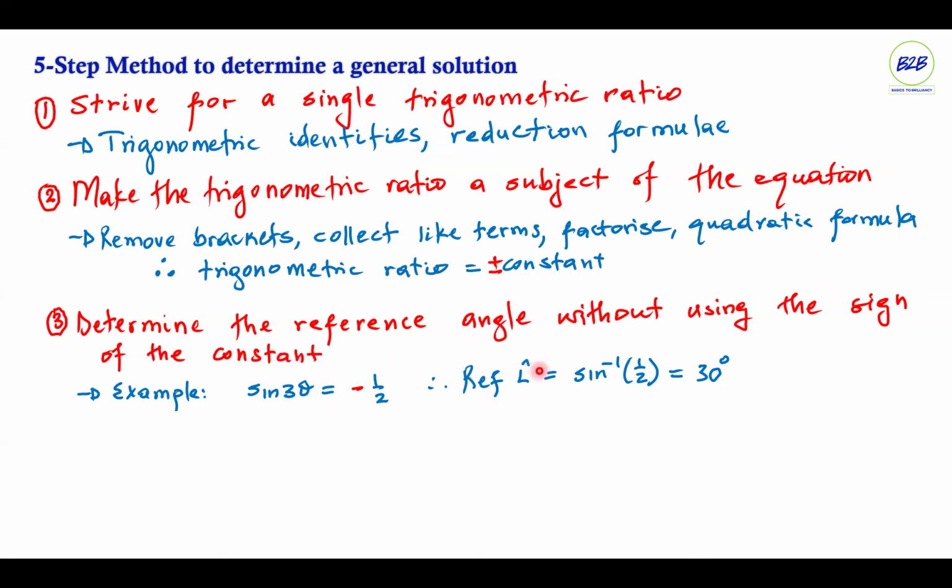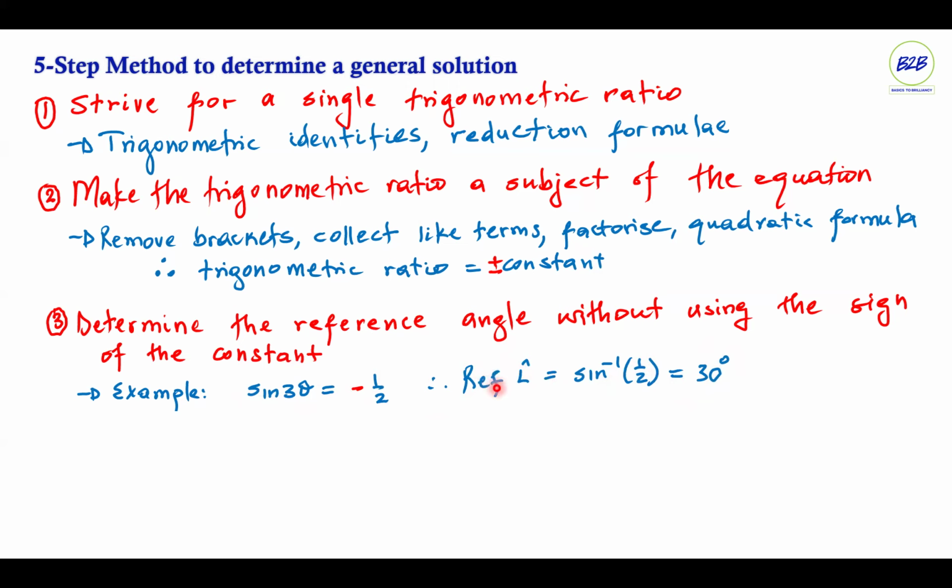If we want to determine the reference angle, we press shift, sine on our calculator, and substitute the half. You leave out that negative. Take that half, substitute it within those brackets, press your calculator, and you get 30 degrees. This is the reference angle.